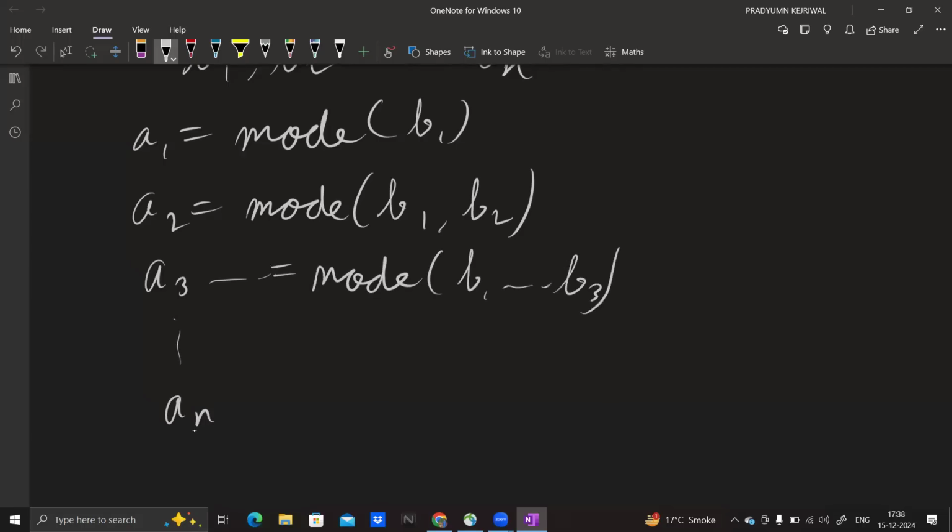Like, An will be the mode of all the numbers B1 up to Bn. So you have to find this array.